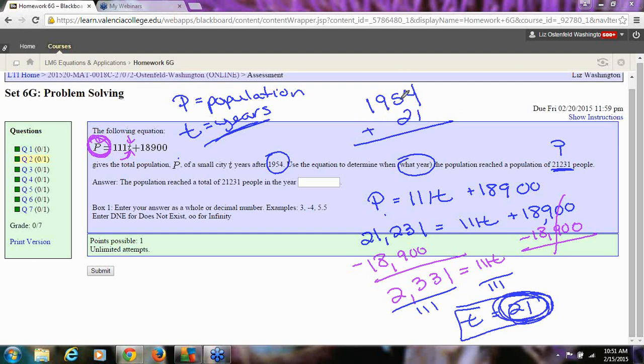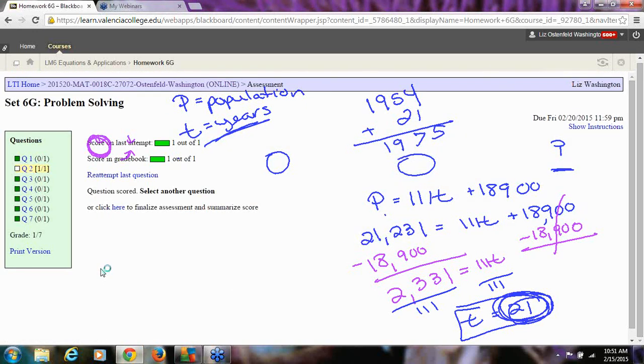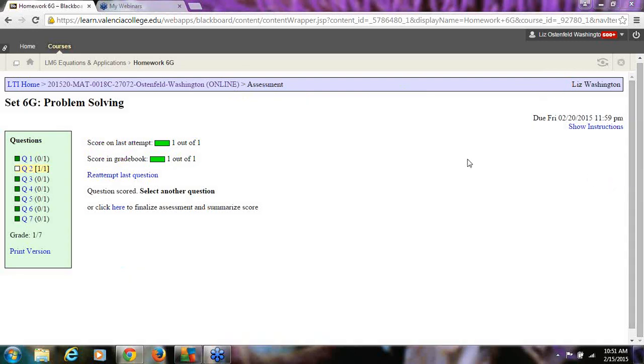So 21 years after that means 1975. So that's what I'm actually going to type into my answer: 1975. Because it wants to know what year specifically, not just number of years. And you can see there, it liked my answer. Okay. So that was number 2.